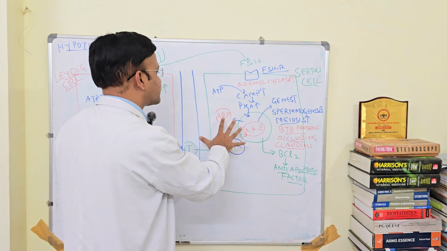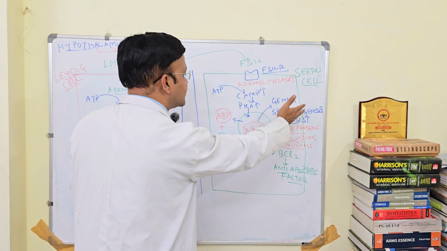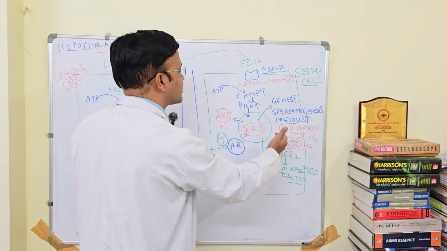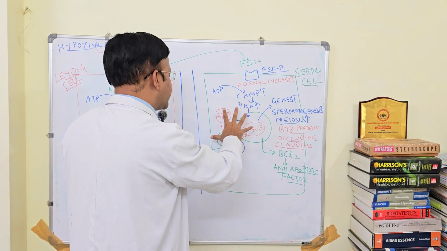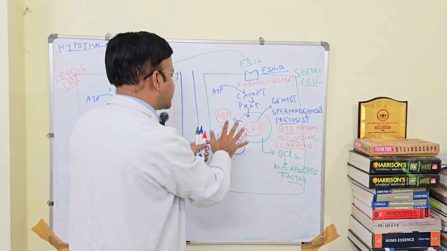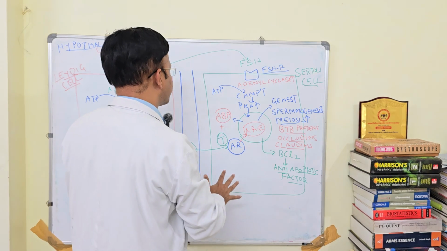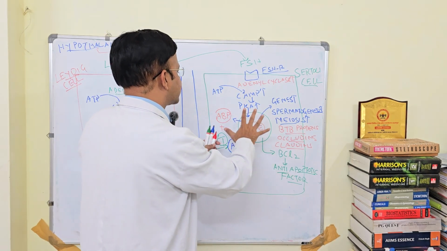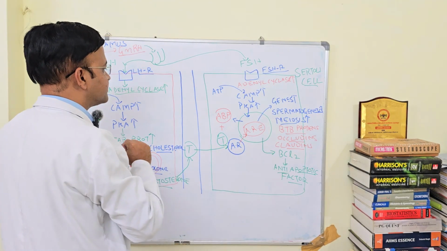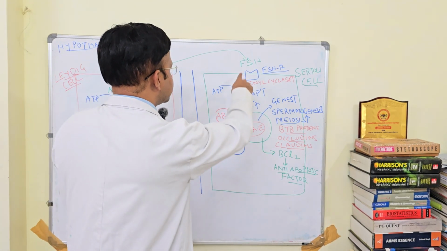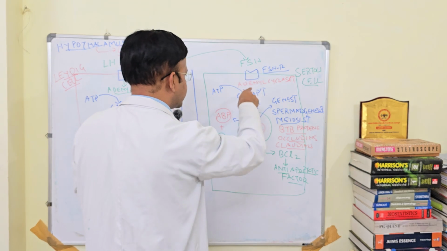High concentration of testosterone is required for all these things: spermatogenesis, maintenance of blood testis barrier, anti-apoptosis. So this androgen binding protein binds with testosterone, doesn't let it escape, and maintains high concentration of testosterone inside the Sertoli cells, right?